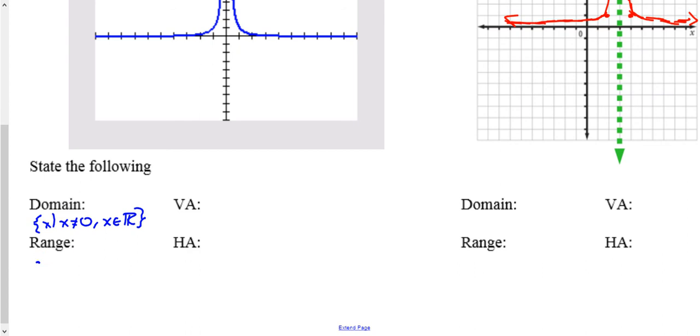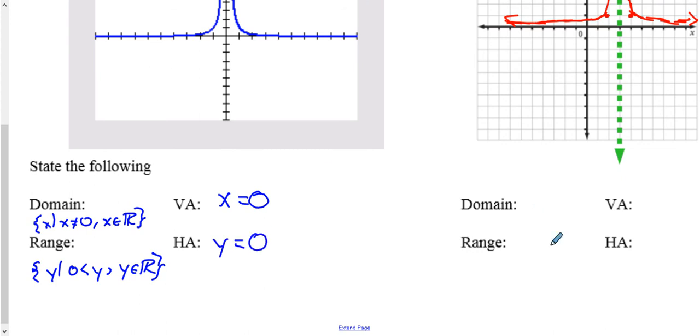So I'm going to say for my range, y such that y has to be just greater than 0. We can't be equal to 0 because we never truly touch our x-axis there. Then y is an element of the reals. So where's my vertical asymptote? I have a vertical asymptote at x equals 0 and a horizontal asymptote here at y equals 0.